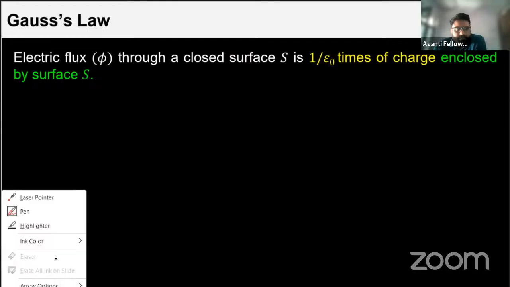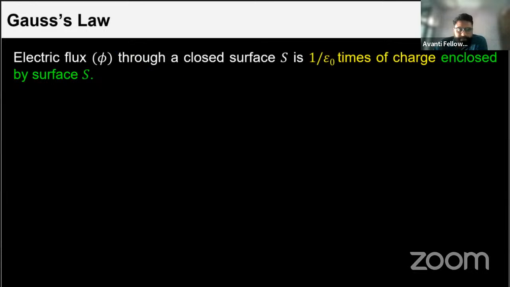The statement of Gauss law is, try to take note of it: electric flux phi through a closed surface S is 1 by epsilon naught times the charge enclosed by the surface S. Let me read again.